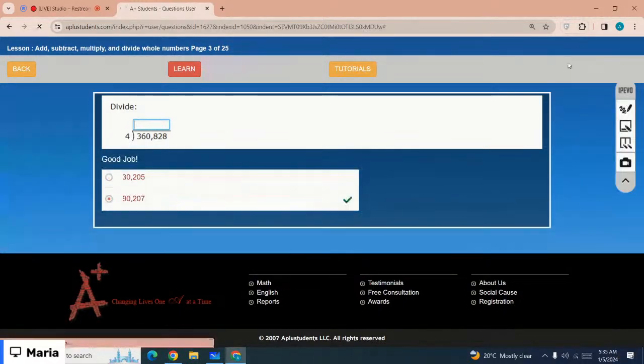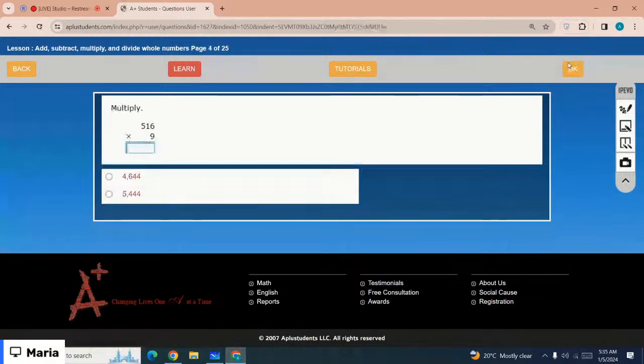Okay, the next one is multiply 516 times 9. Use your notebook and pencil and see which is the correct option. Multiply and write the answer in the chat box.